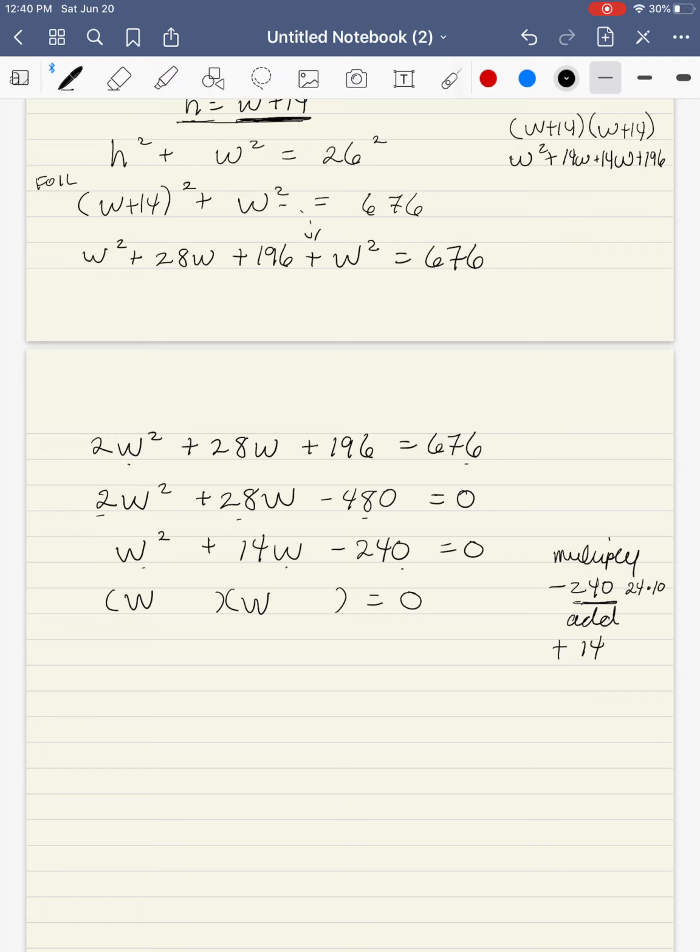Well, if I think about this, 240 is 24 times 10. That's a pretty easy factorization there. So I'm going to try that. 24 times 10. One has to be positive and one has to be negative to give me the negative. And it does turn out that if I have a positive 24 and a negative 10, I get positive 14. So that is my correct factorization.